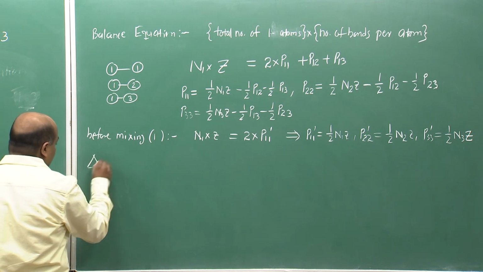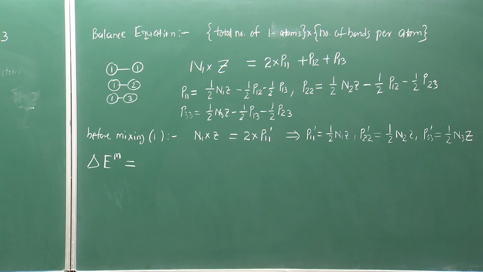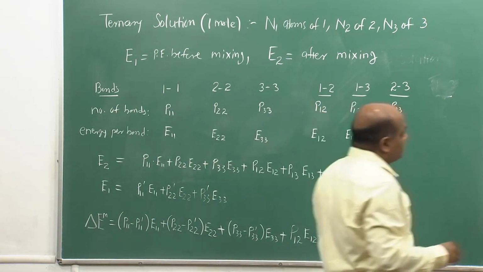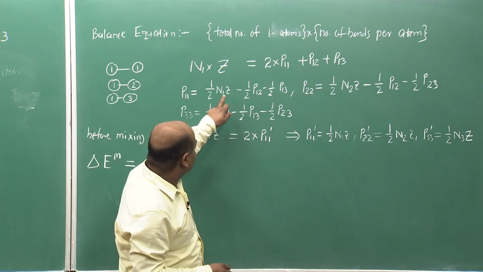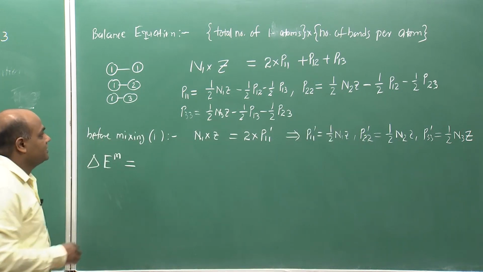So, now if you substitute for P11 and P11 prime in this equation, you can find delta EM. In P11 minus P11 prime, these terms will get cancelled, 1/2 N1Z, 1/2 N2Z and 1/2 N3Z.